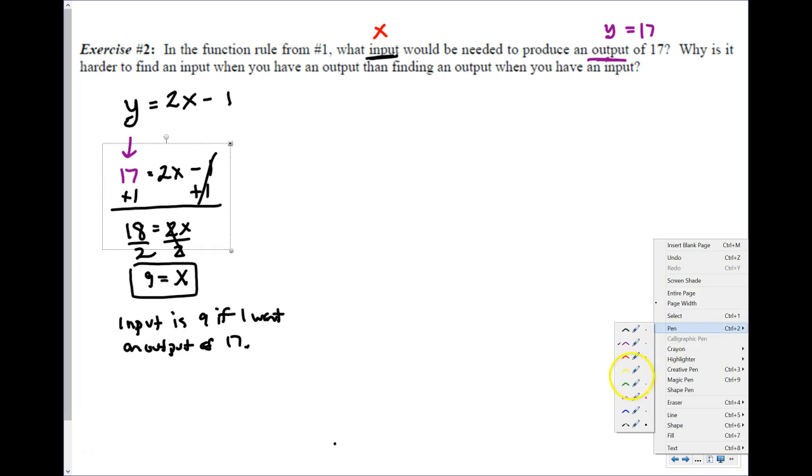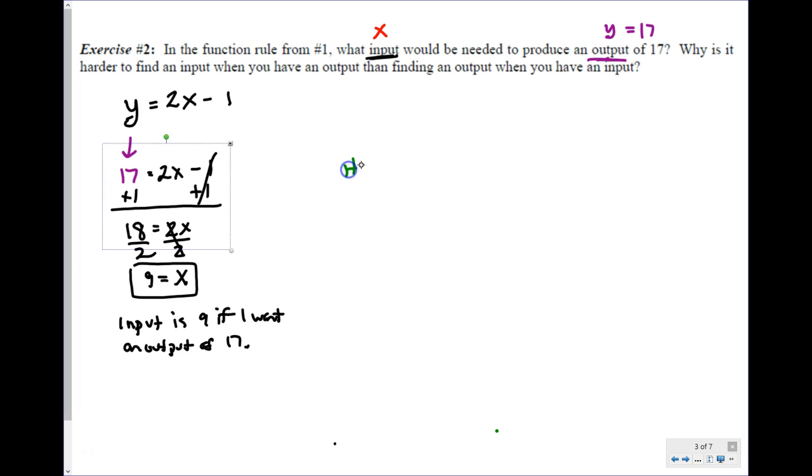So when I answer this question, I'm going to say, it's harder because we are solving, not just calculating. Okay? We can still do it. If I know an output, I can find an input, but it takes a little bit more time. Okay?